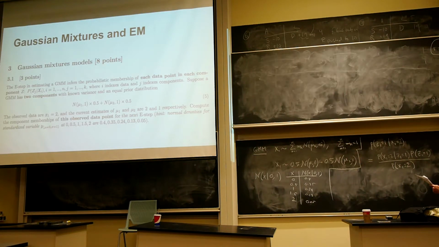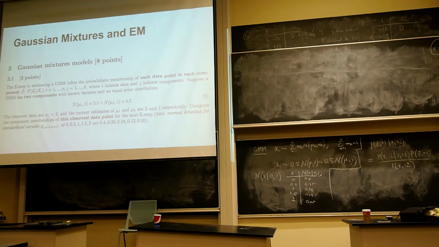Now we need to compute each of these 3 components. First, let's compute this first one. Can anyone give me a way to compute the probability of x1 equals 2, given z1, the component, equals 1? Does anyone know how to do that? Say again? 0.4, and why do you say that?